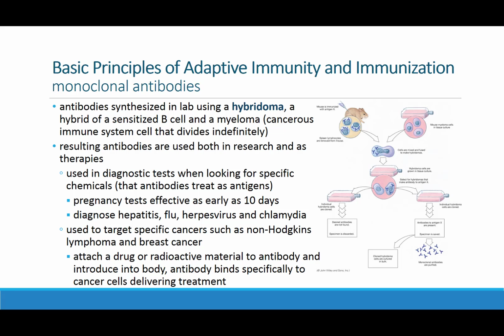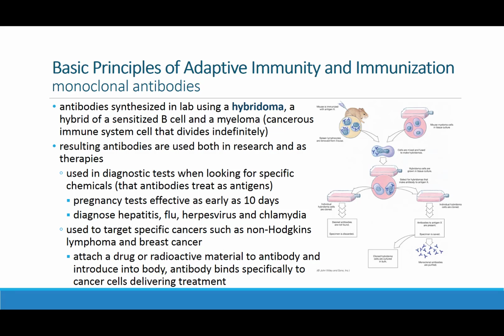If you can hybridize this B cell with the myeloma, you can produce an antibody-producing cell that will continuously divide, producing more antibody-producing cells. Those offspring cells will produce antibodies that can be used both for research and for therapies. They're referred to as monoclonal antibodies because they're a big clone of a single antibody producer.